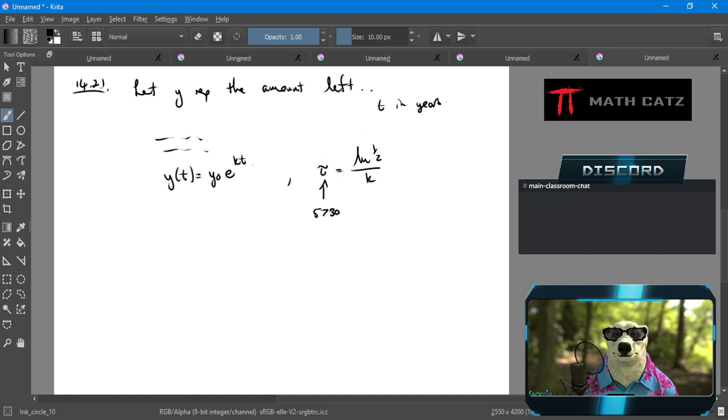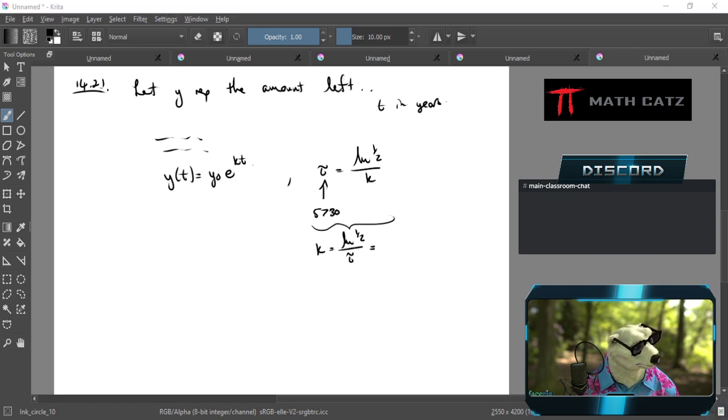But then I can always find k from the half-life and the half-life from k. If I have one, I have the other one. So I can very easily find k from this information by just solving for k in the half-life equation. Let's see what that looks like.